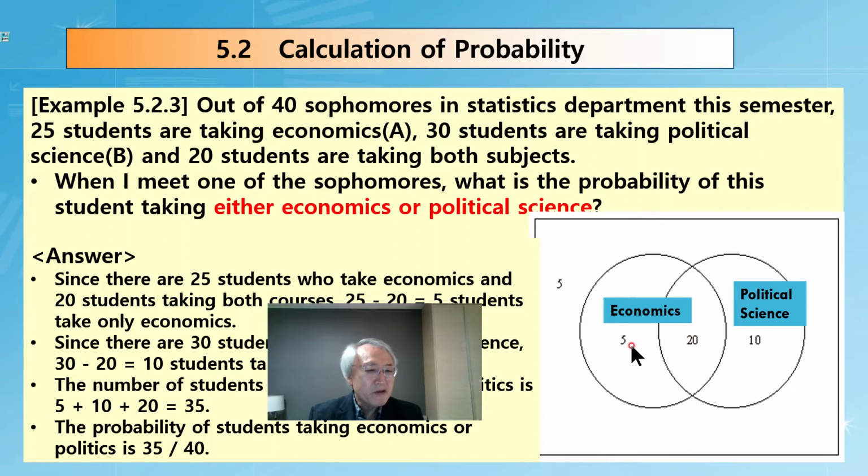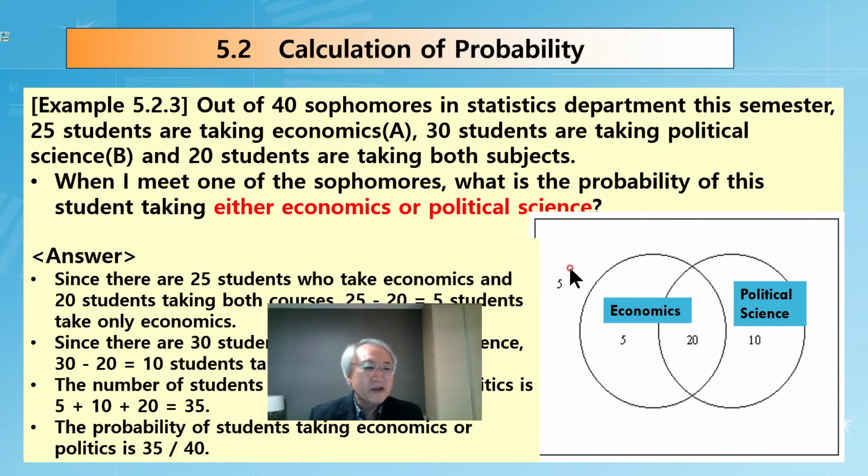I mean, 5 implies only taking economics. Similarly, there are 30 students who are taking political science, but there are 20 students who are taking both. Therefore, 10 students are only taking political science. If you add up, that's 35.